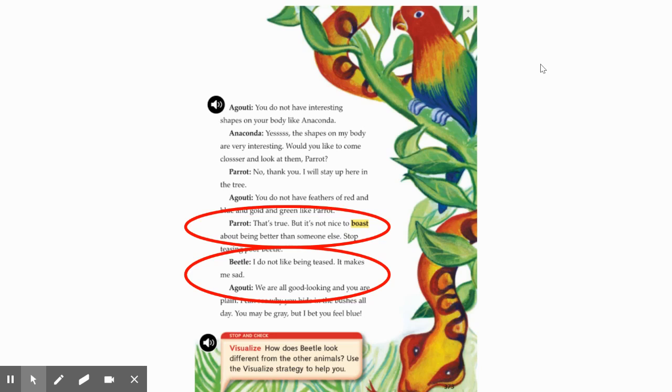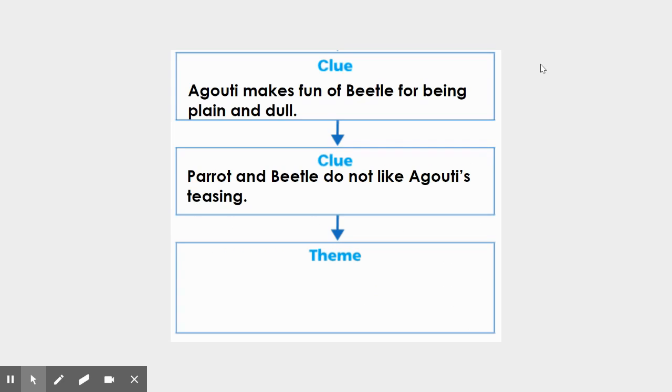So if our clues to find the theme are about identifying what a character says and does, we can identify on this page that Parrot and Beetle tell Agouti to stop teasing Beetle, which leads us to our second clue. Parrot and Beetle do not like Agouti's teasing. You can also add that they ask them to stop.